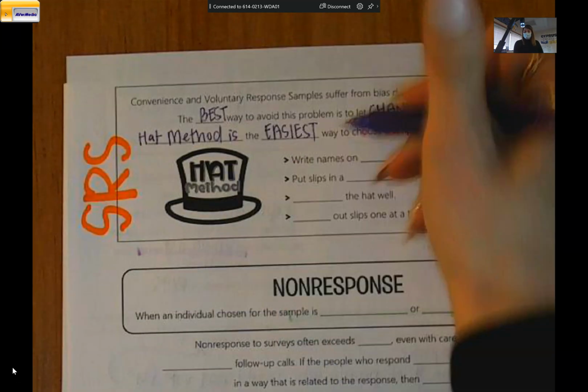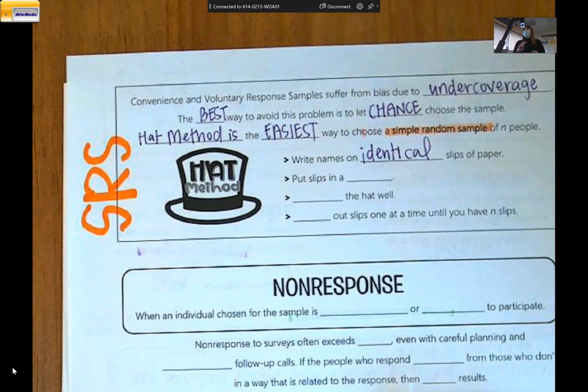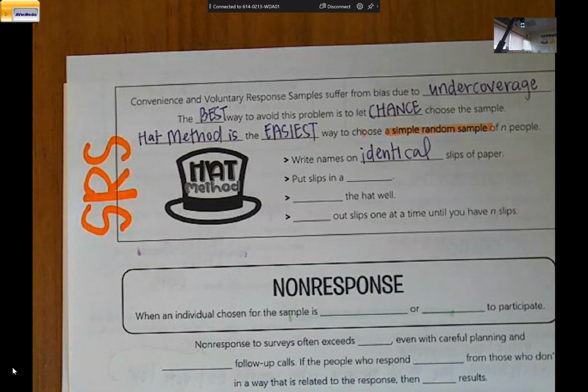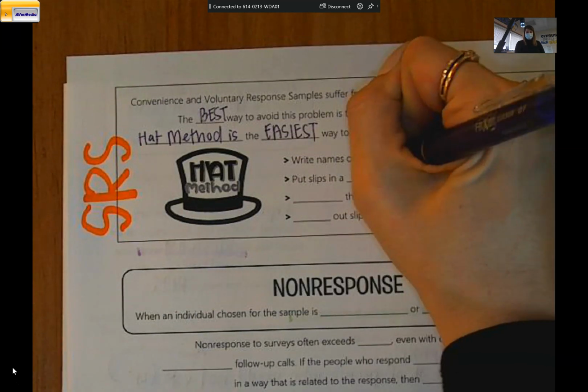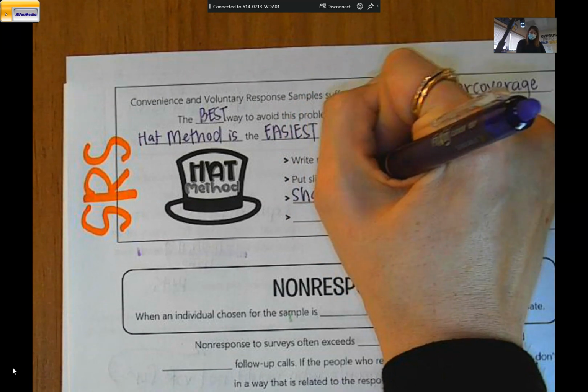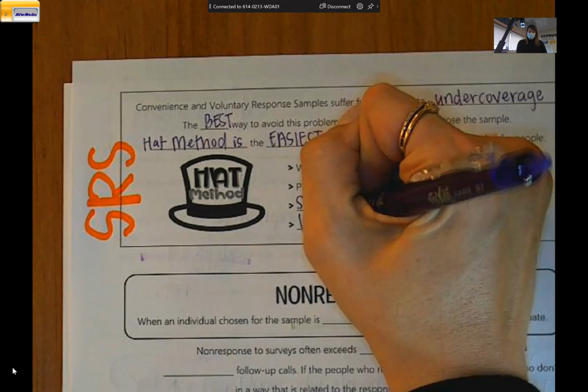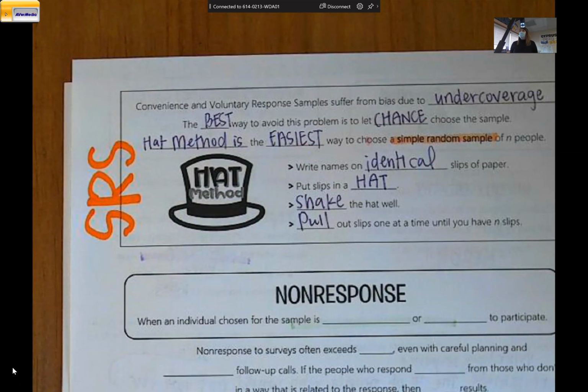Write names on identical slips of paper. Same color, same weight, cut the same size, folded the same way if you fold them. They have to be identical. You put the slips in a hat. You shake the hat real good, shake up the names. Then you pull your slips out one at a time until you have the desired number of people.